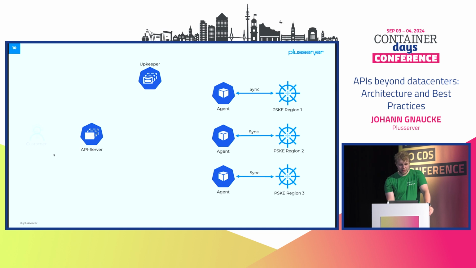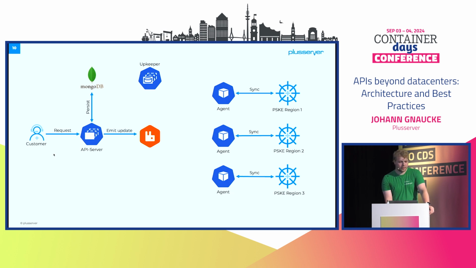If our customer now wants to access our PSKE, he interfaces with the new API server we created. This API server talks to the database, in our case MongoDB, persists the state within MongoDB, and now needs to inform the agent that it has to sync or create a cluster. We chose RabbitMQ for our messaging broker.